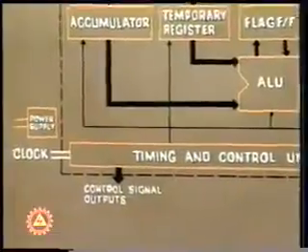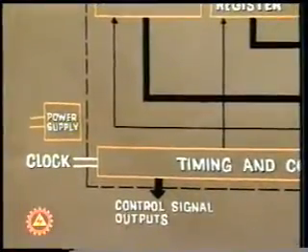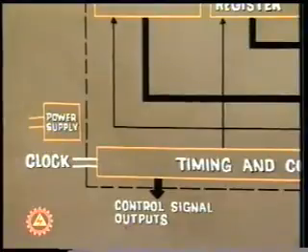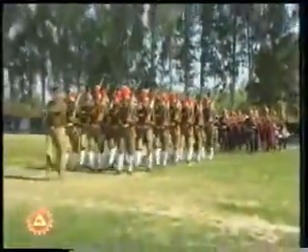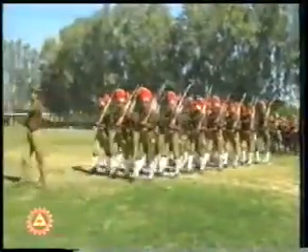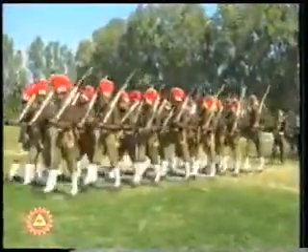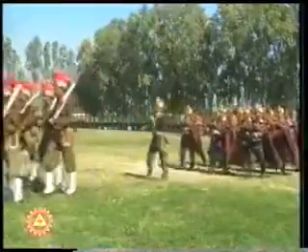Microprocessors are typically synchronous sequential circuits. Each activity is synchronized on the basis of a clock signal. Let's take one example. The drum beating provides the required timing to the cadets, and its action is similar to a clock in the microprocessor.